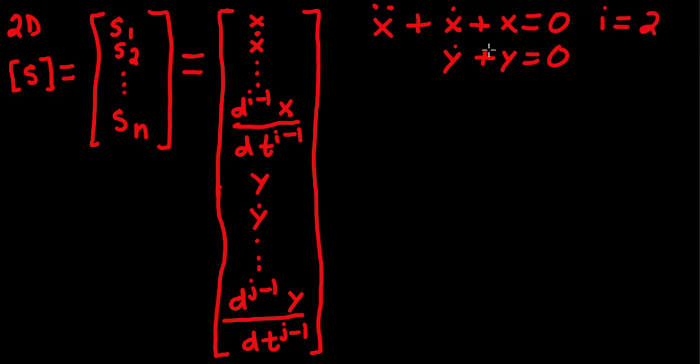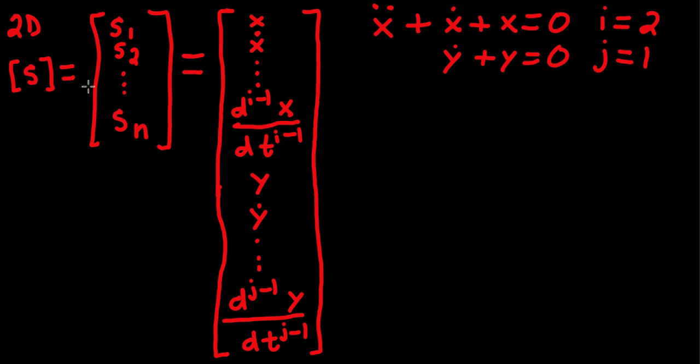But the highest order derivative for y is just 1, so j is equal to 1. For the case when you run into problems like these, when the highest order derivative for one function is not the same as that for another, I just decided to distinguish between i and j. You can run into these kinds of problems.